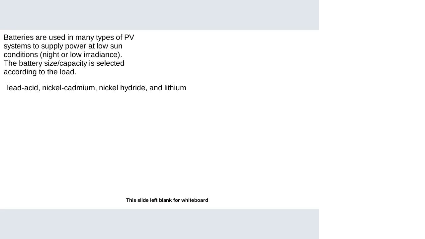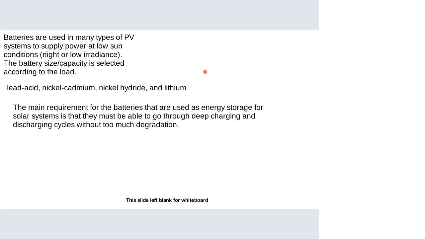So when you're going out there to check the type of battery, to select a battery that you will use for solar energy, that is the major criteria that you use to pick out a battery. It must be able to go through deep charging and discharging cycles without too much degradation.